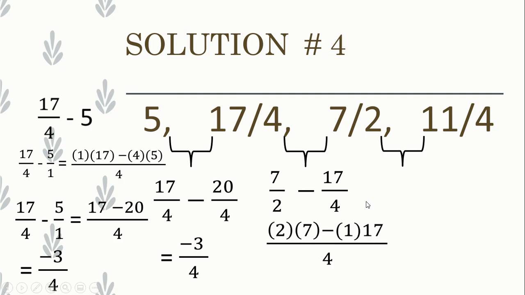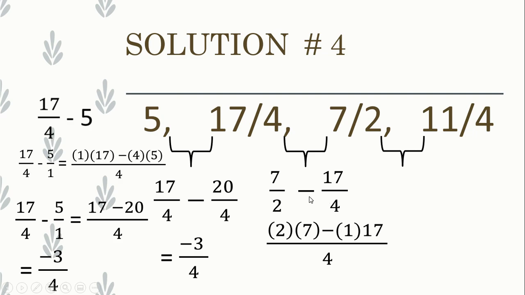By continuous evaluation, that's 4 divided by 2 is 2 times 7, that is 14. Then, 4 divided by 4 is 1 times 17 is 17.